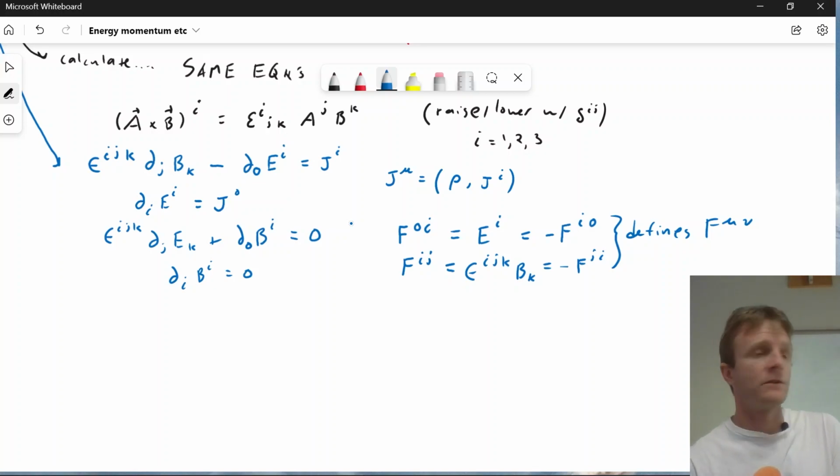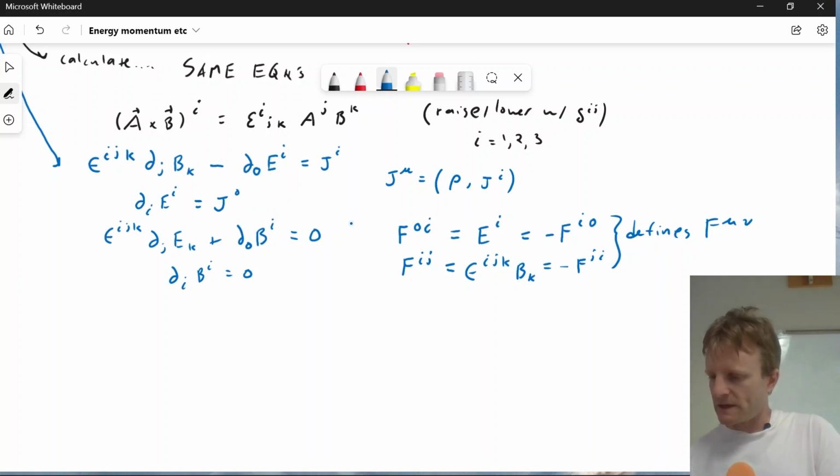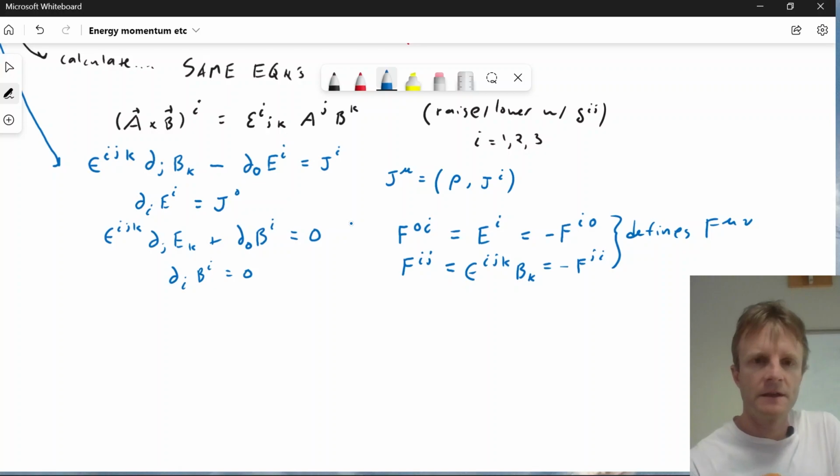Okay, so we have the 4 Maxwell equations here, and now we need to start using our field strength tensor. So let's see what we have here. Well, I've got epsilon ijk something Bk. Well, over here I have epsilon ijk Bk, right?